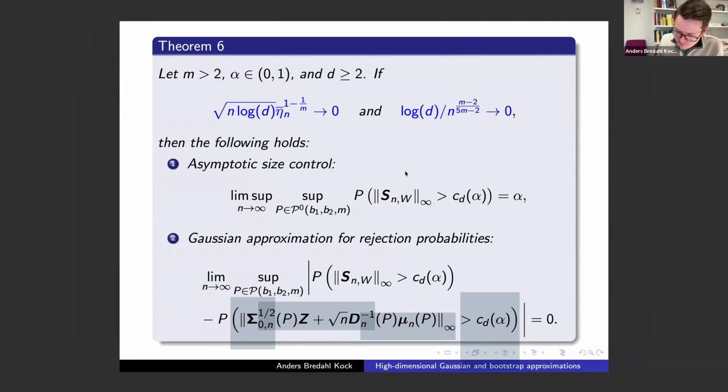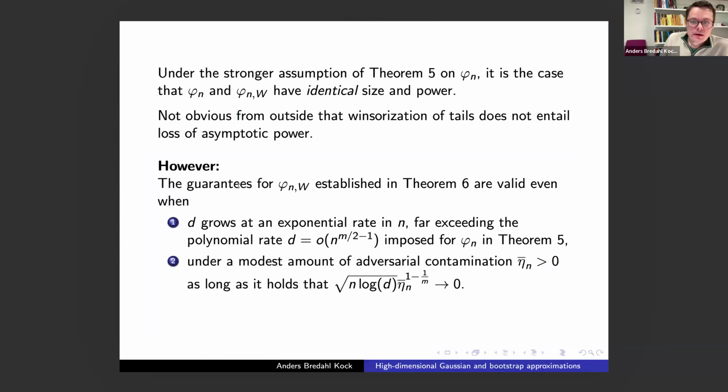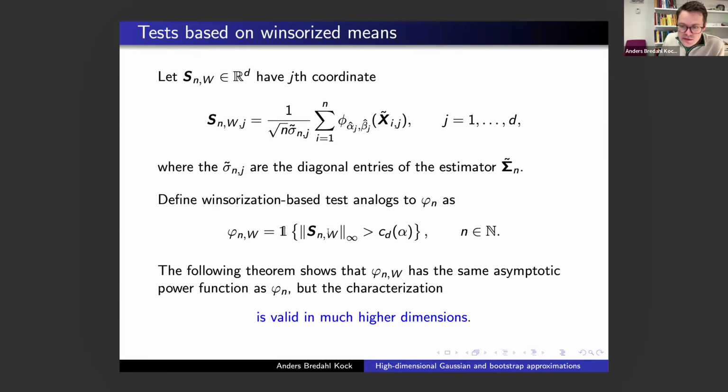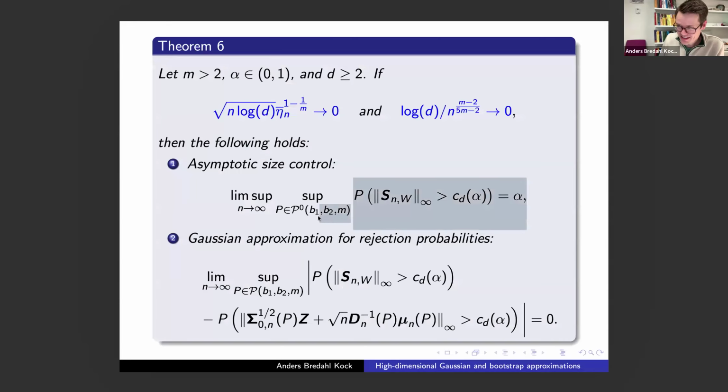What is more is the following. Not only do the tests have identical asymptotic size and power when the stronger assumptions of theorem 5, the theorem for plain sums, are valid, it is also the case that when d grows at an exponential rate in n, far exceeding the polynomial threshold that plain sums must obey, well then my test phi n w based on winsorized means still holds the size and still has a Gaussian approximation to its power functions.